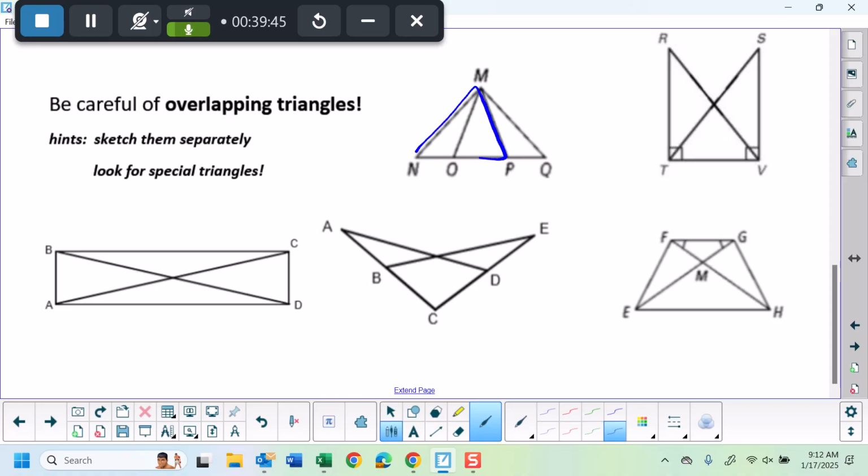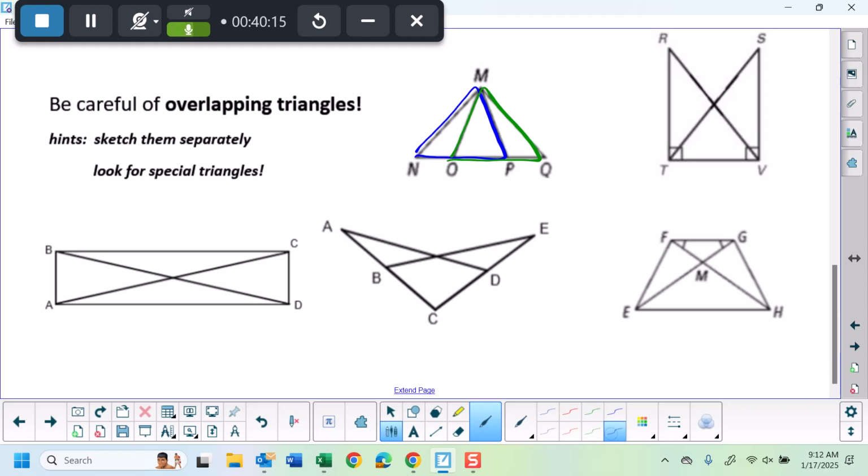Do you see the fact that we could be talking about these two triangles? Maybe I should have done that in green. Then it'll show up better. When you're dealing with these diagrams of triangles, it might be easier for you to either draw them separately or highlight them with different colors.